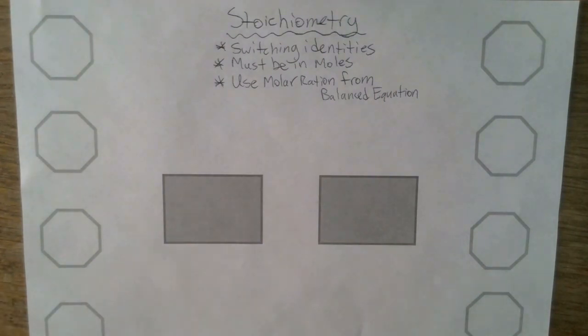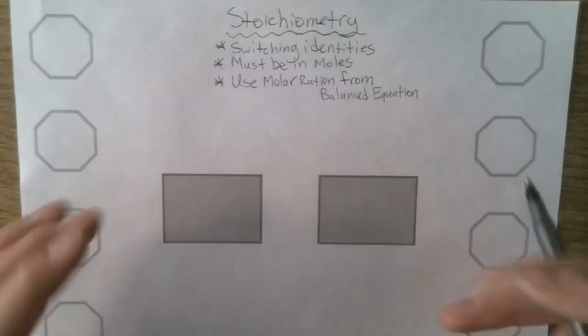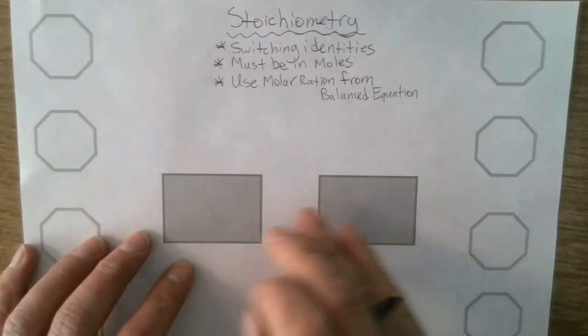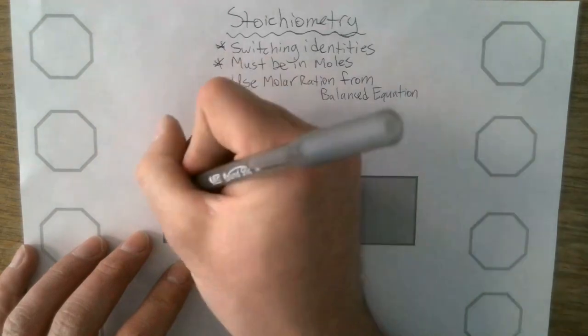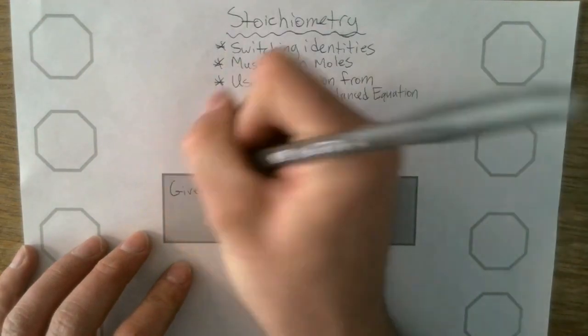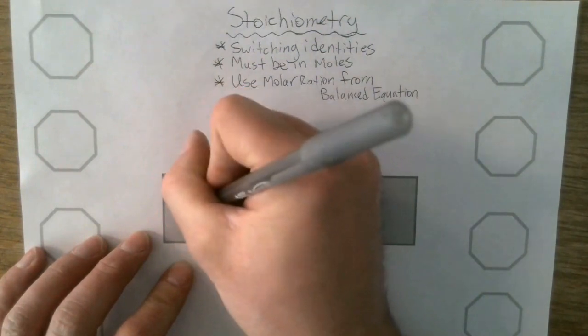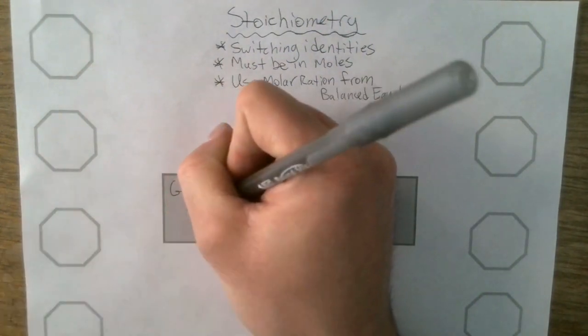Okay, so remember, in the center of this here, we always have our mole values for both our given and then our unknown. So we're going to be routing any of our given values, always converting them to moles.